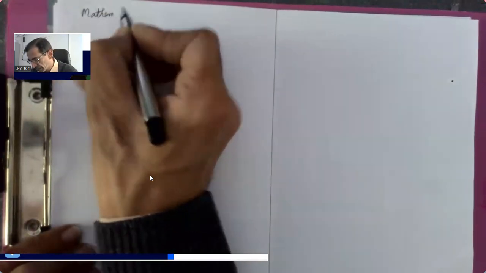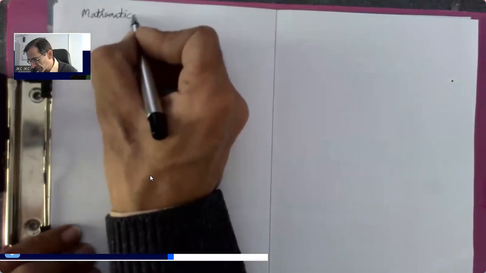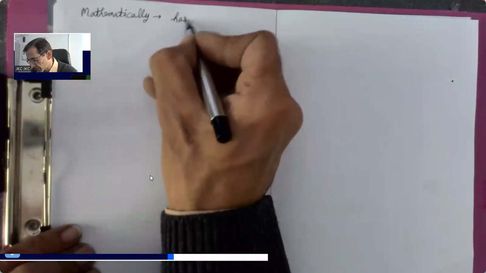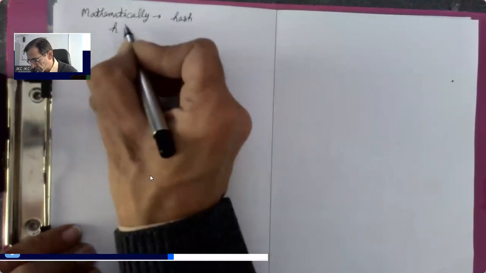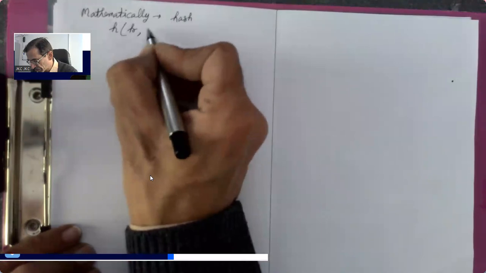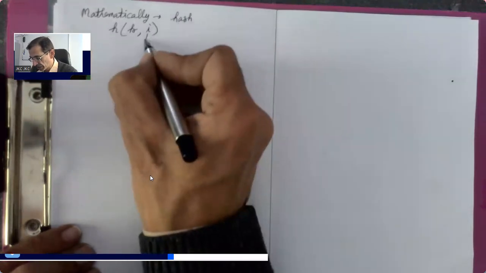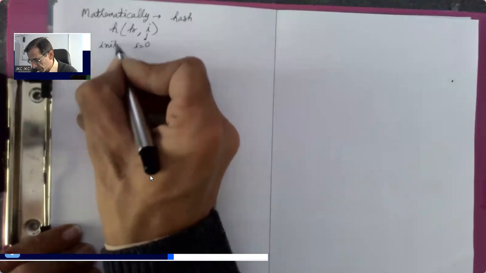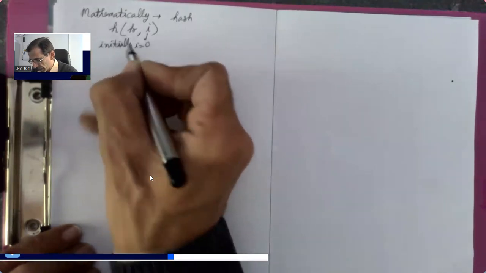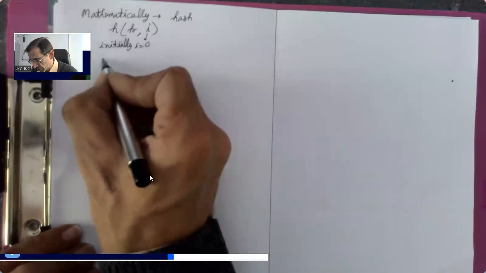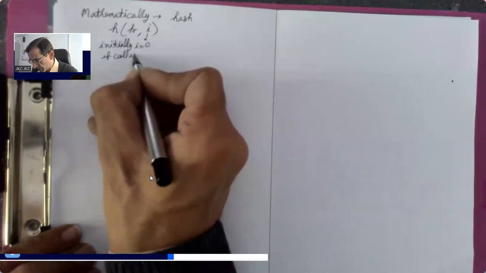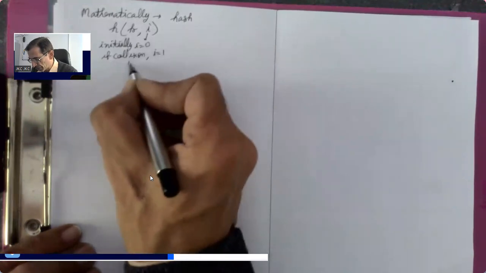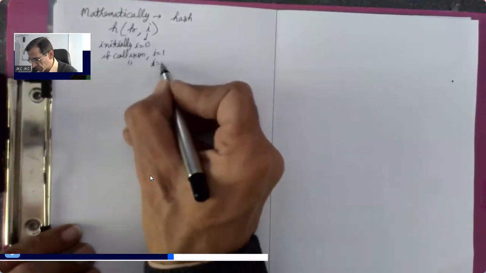So mathematically, I say this linear probing is also defined as a hash function. I define it iteration-wise: initially i equal to 0, and if collision, i equal to 1, if again collision, i equal to 2.